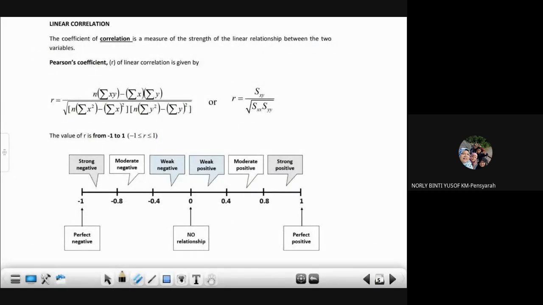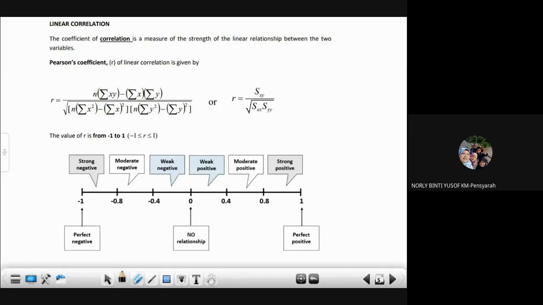Okay, so thus once we understand how to interpret the scatter diagram, dan kita akan pergi pada konsep of linear correlation. So linear correlation adalah coefficient for correlation is a measure of strength of the linear relationship between the two variable. So you kena kira every time when you be given the table in the question, so you kena carilah, you ada 2 formula actually.